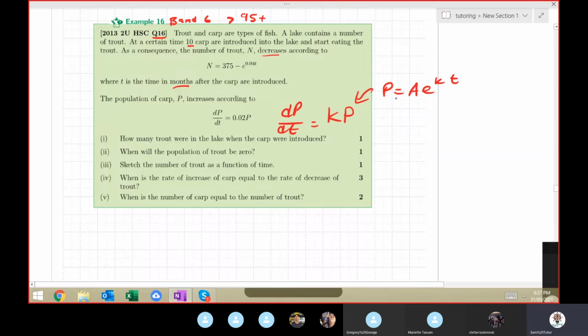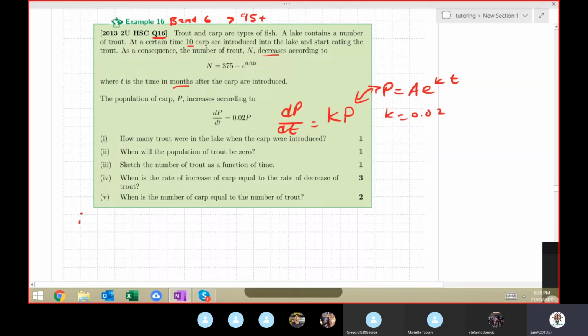Do you guys get that, what I'm writing there? Isn't that what we were just proving? When P is this, dP on dt became constant times P. So when you have dP on dt, it's just that. That means you know now k is 0.02.